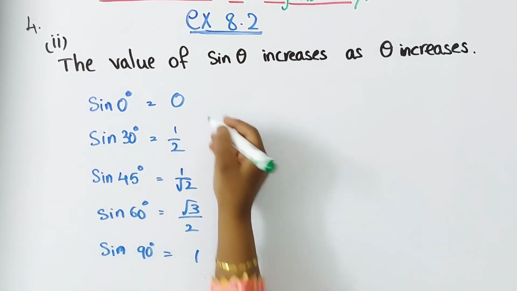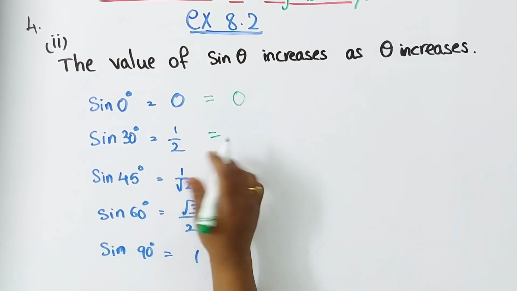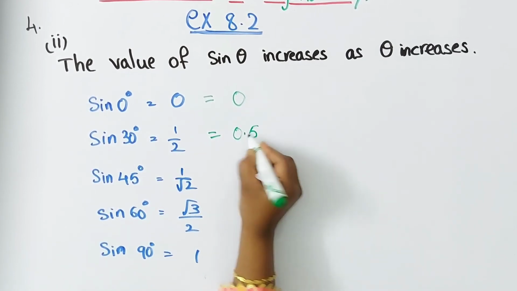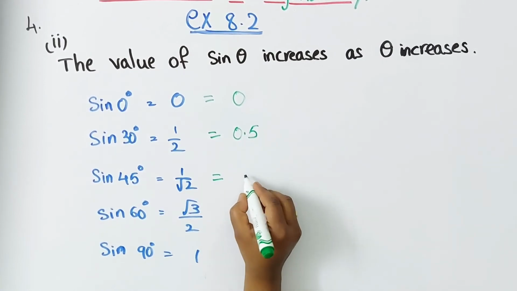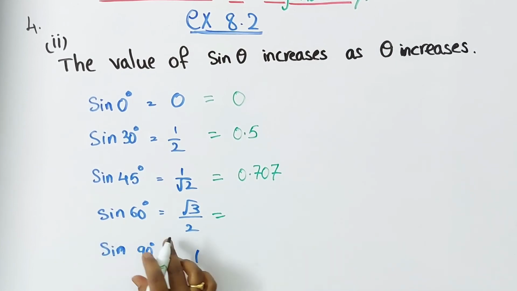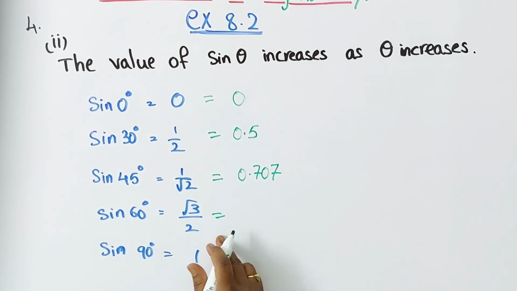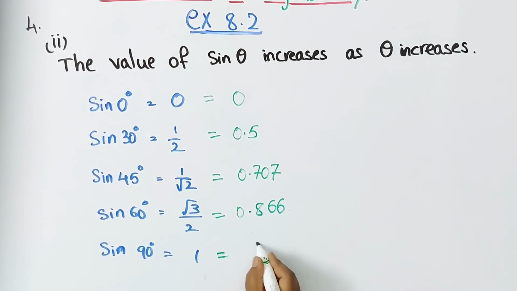Now see, children, sine 0 degrees equals 0, sine 30, that means 1 by 2, equals 0.5. Sine 45 degrees, 1 by root 2, is 0.707, children, and sine 60 degrees, root 3 by 2, is 0.866, and sine 90 equals 1.